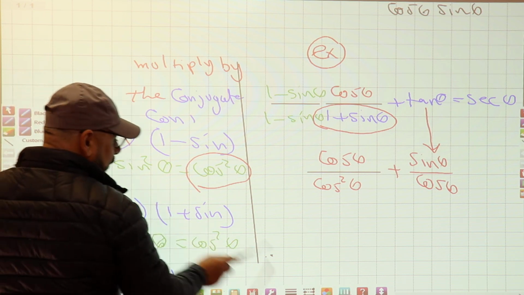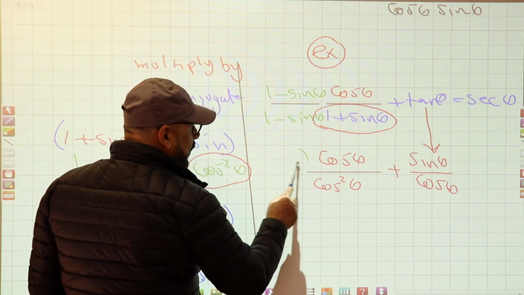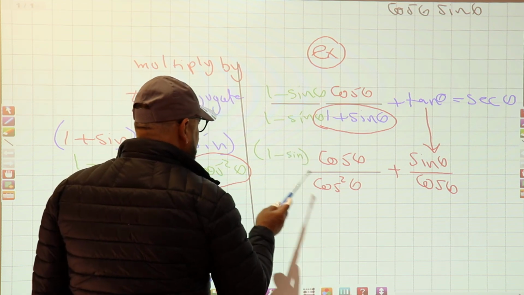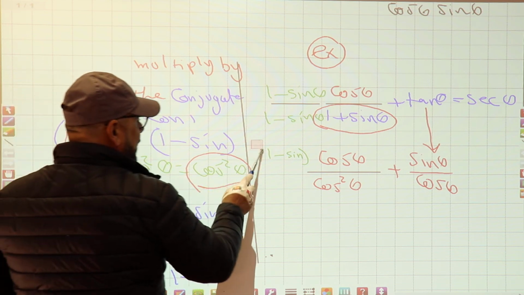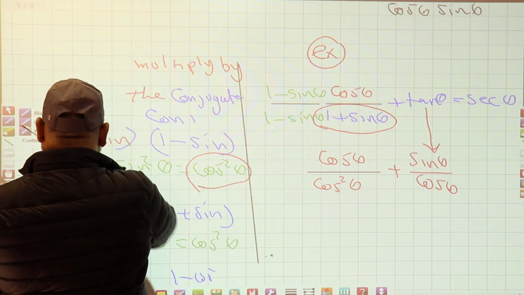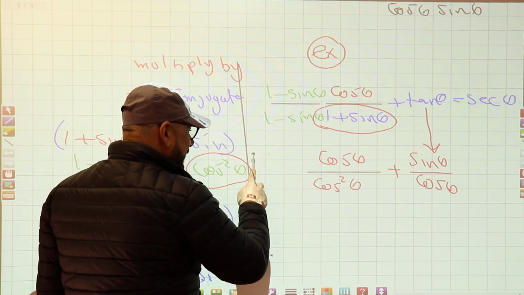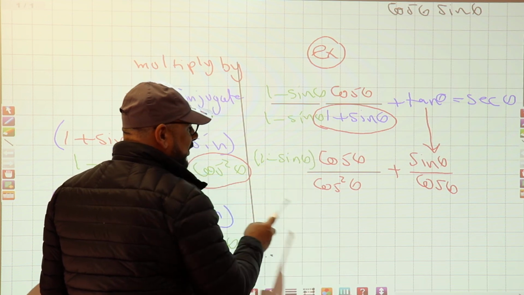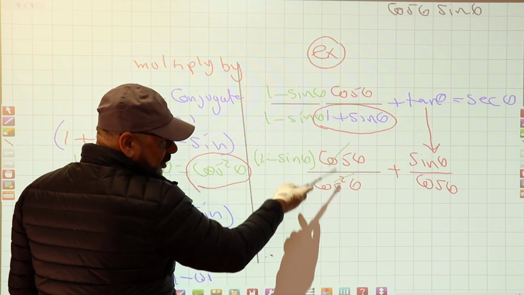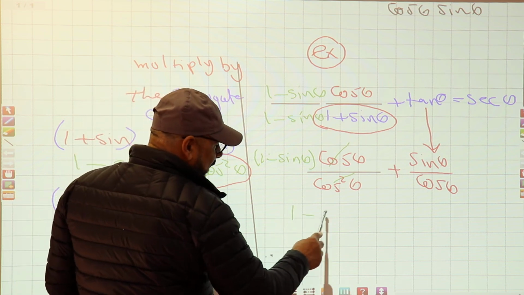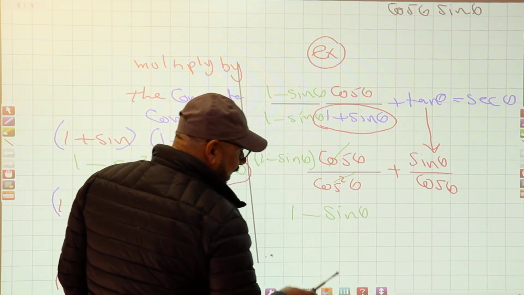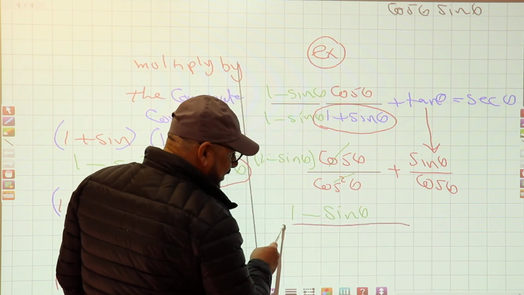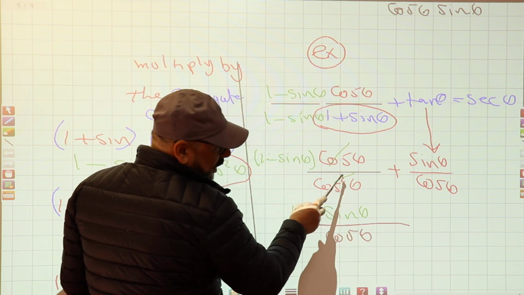I should close the parentheses after I finish. Now, this cancels with this, because cosine square. What is left? 1 minus sine theta. And we have cosine theta now. We have the same denominator, cosine theta, because we cancel the square.